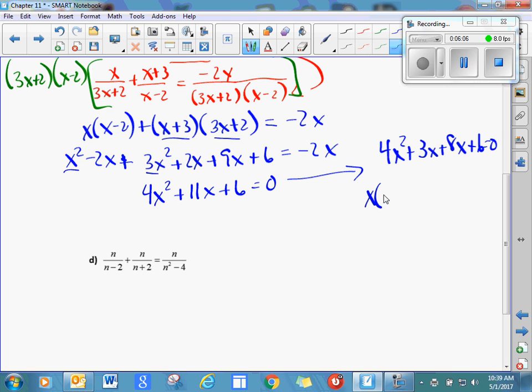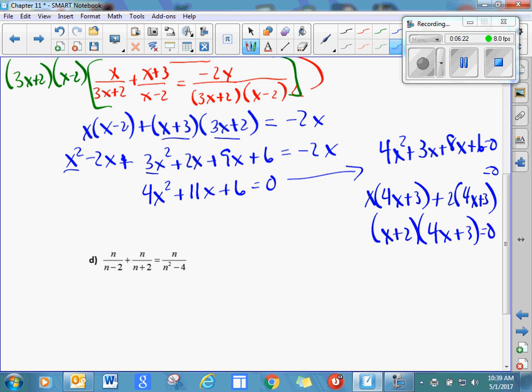Take out the common factor and you get 4x plus 3 over here and 4x plus 3 over here, all equaling 0. So that becomes x plus 2 times 4x plus 3 equaling 0. Set each one of these equal to 0 and you get x is equal to negative 2. For this factor, you get 4x is equal to negative 3, or x is equal to negative 3 over 4.